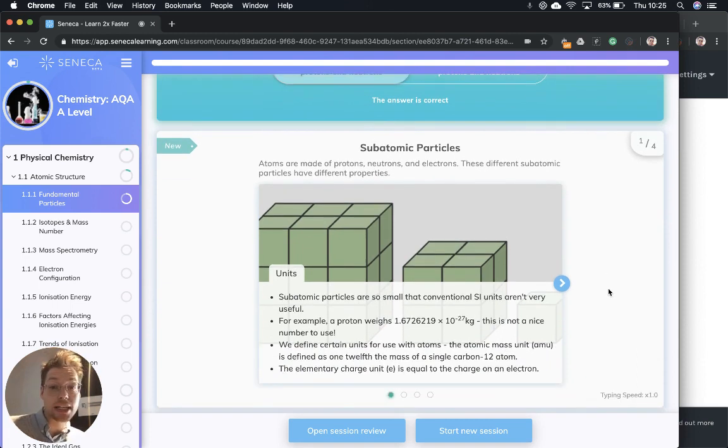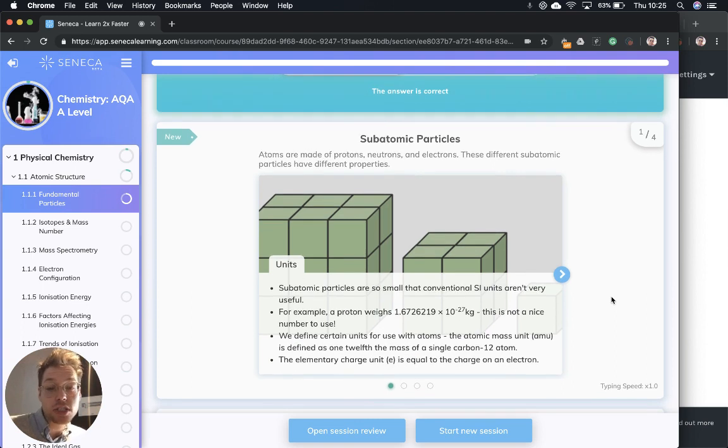Right, that makes a nice little segue into subatomic particles. So what are these? Sub, below, atom, below the atom. So we're talking about what makes up atoms. Three key things: protons, neutrons, and electrons, okay? Now, these units are so small that conventional SI units aren't super useful. So like a proton, that weighs like 1.6 times 10 to the minus 27 kg.